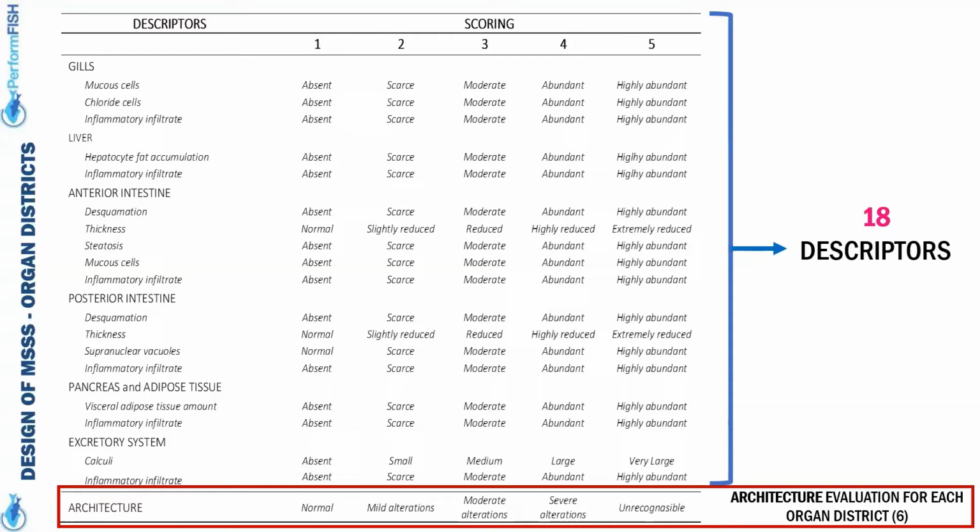There are 18 organ-specific descriptors in total, and furthermore, for each organ district, architecture is also scored. This descriptor is very important because it includes all progressive and regressive lesions, especially those not considered by a specific descriptor.